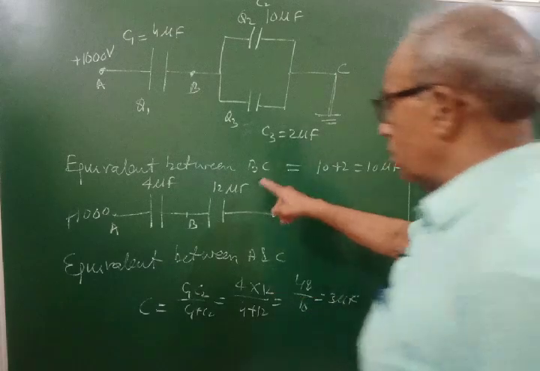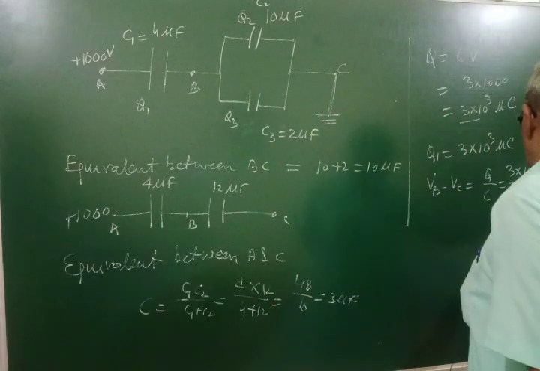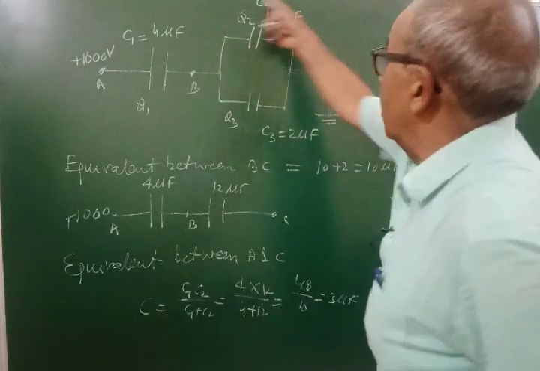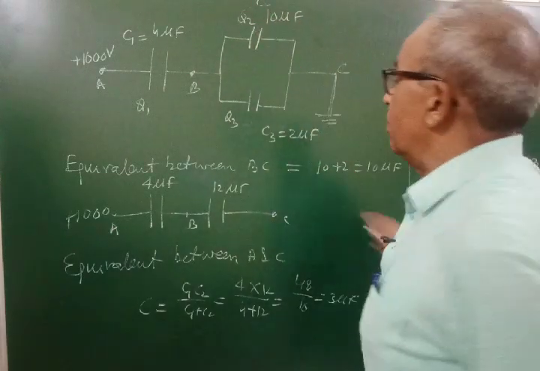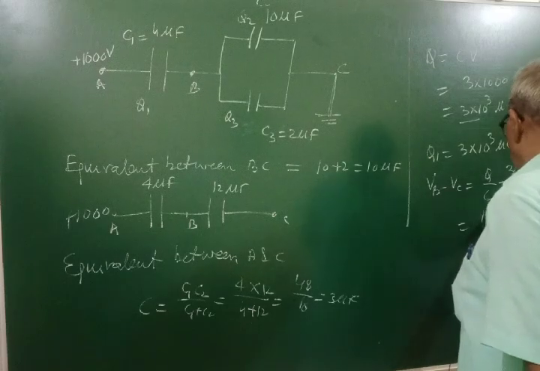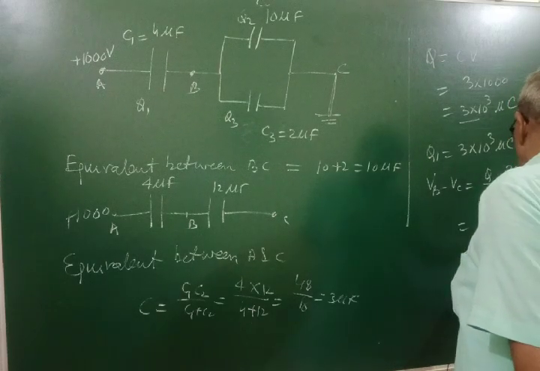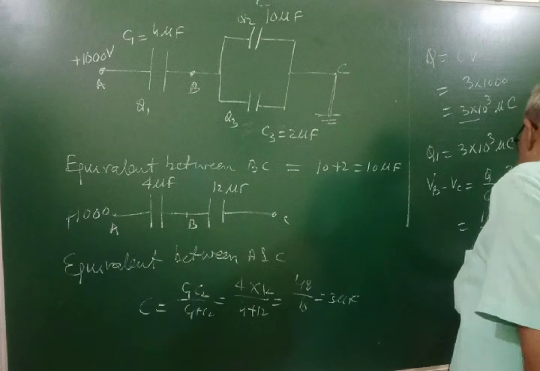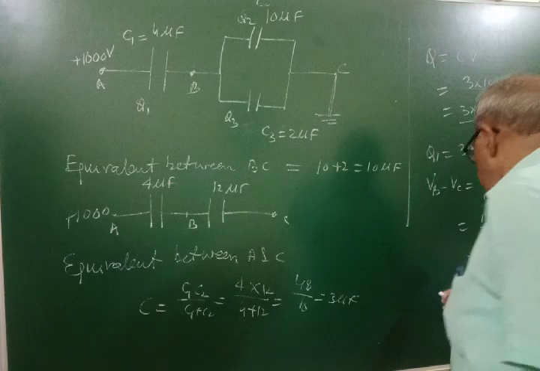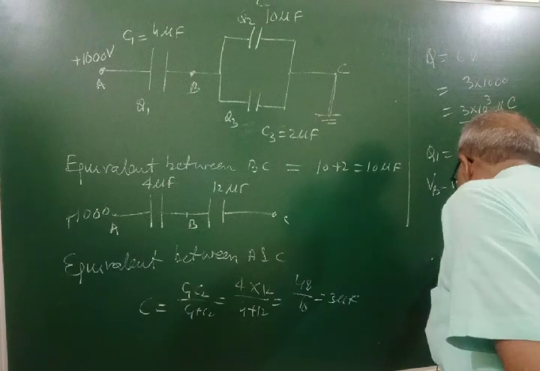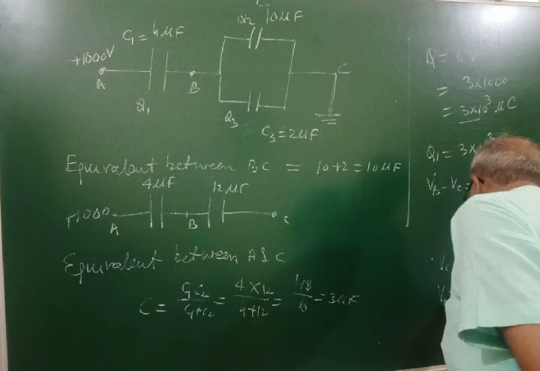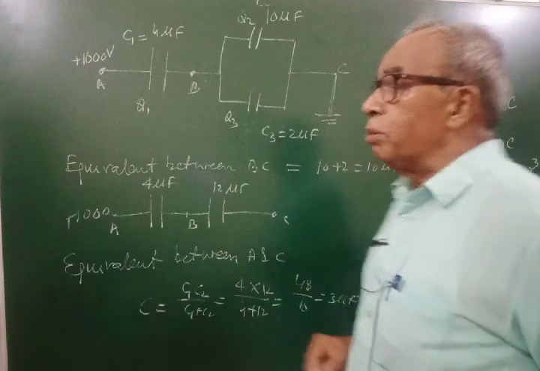The equivalent here is, oh sorry, 12. This equivalent of this 12. ना भाई, सीरीज आ रहा. So it is 4,000 upon 12, which is 250 volt. Since VC is 0, V equals 250 volt. Potential at B is 250 volt.